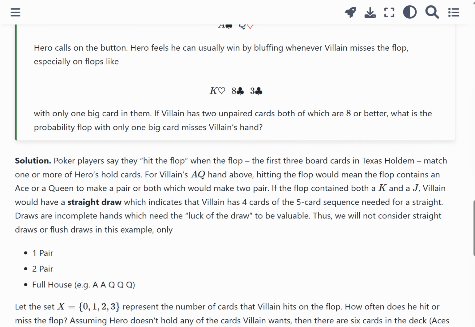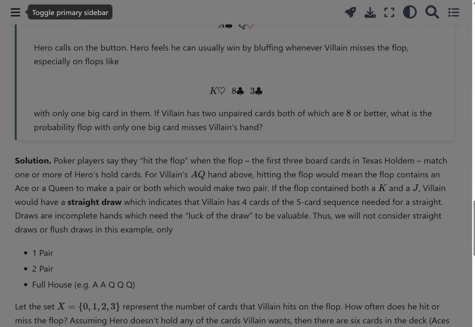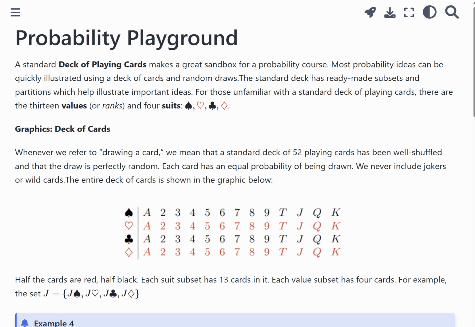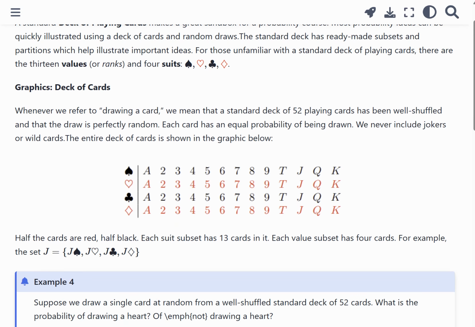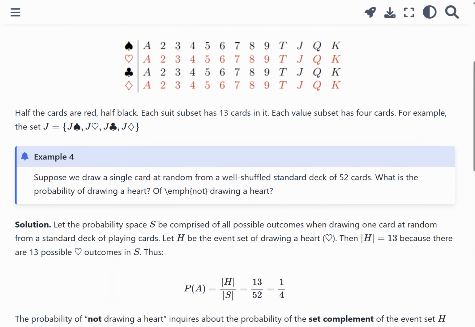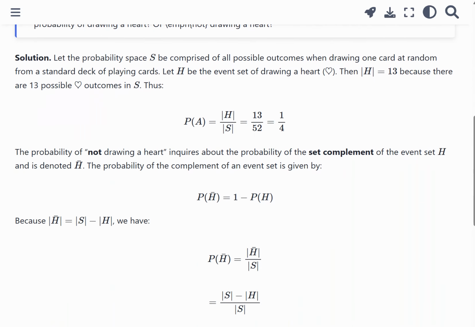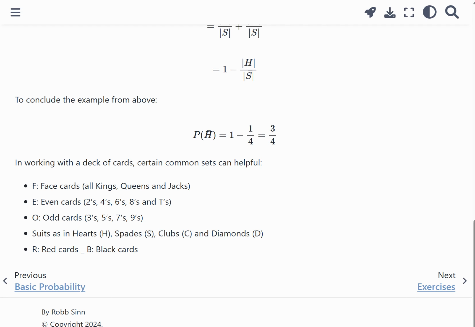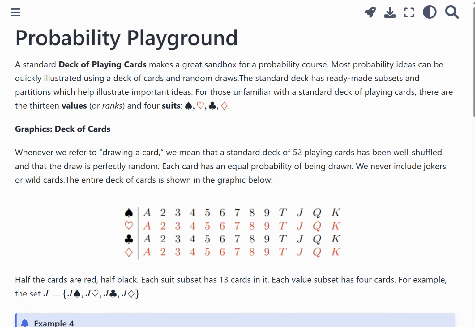If you're not familiar with the deck of cards, notice that this probability playground, which is the second section of the book, goes over everything in a standard deck of cards, including color and rank or value. And then this is a way that we often display these. So there's a lot of information here about how to deal with this probability playground.